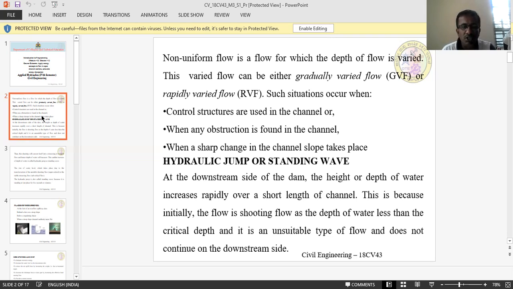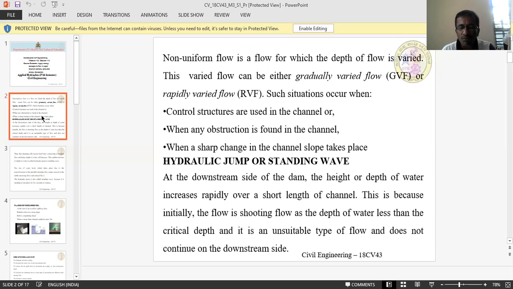This is because initially the flow is shooting flow, with a depth of water less than the critical depth, and it is an unstable type of flow and does not continue to the downstream side. If a hydraulic jump occurs, the depth before the jump is y1 and the depth after the jump is y2.